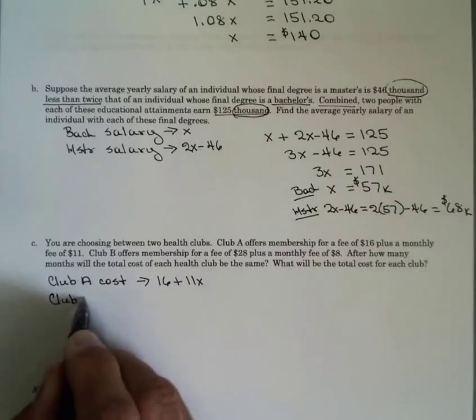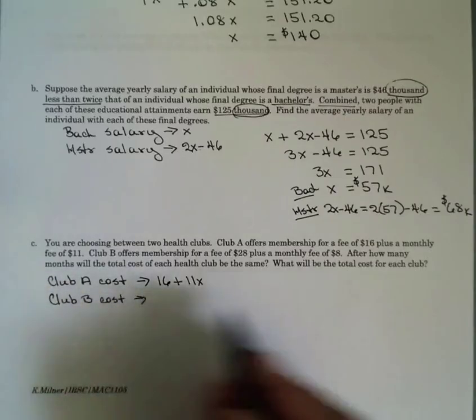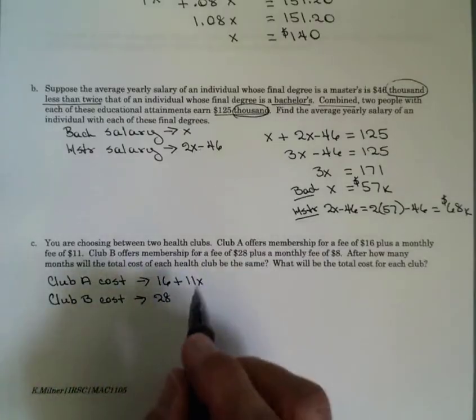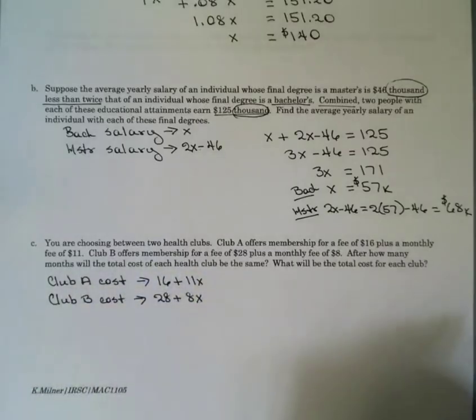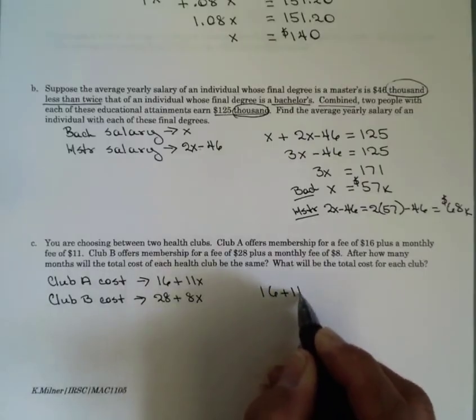Club B. They are a little different. They start with an enrollment fee of $28, and then they only charge $8 a month. So how do I find out how many months, which I let be X, they would be the same? Well, let's just set them equal to each other and solve for X.